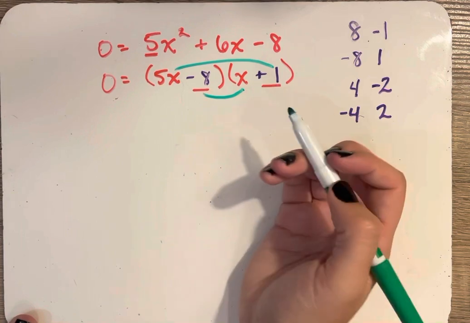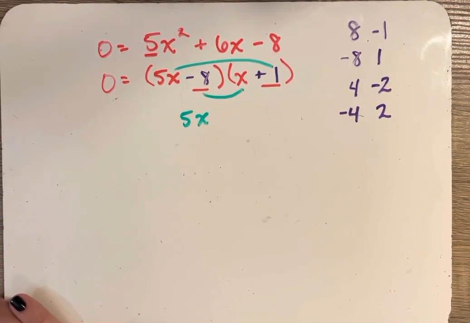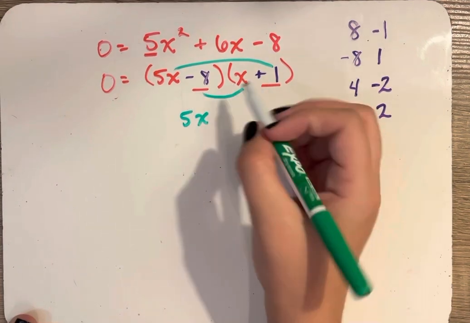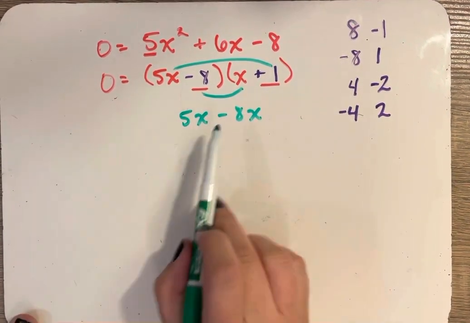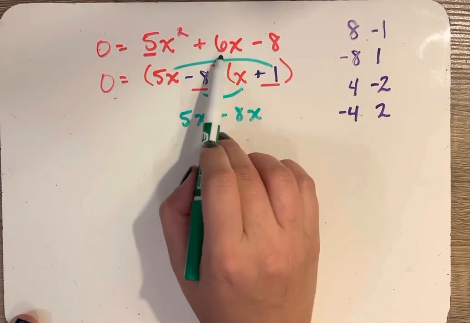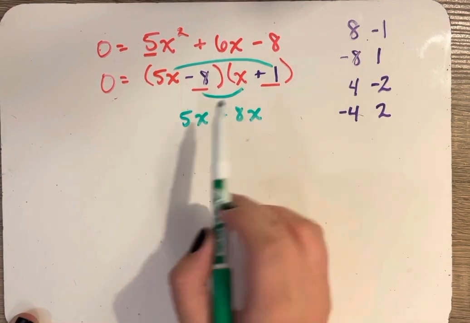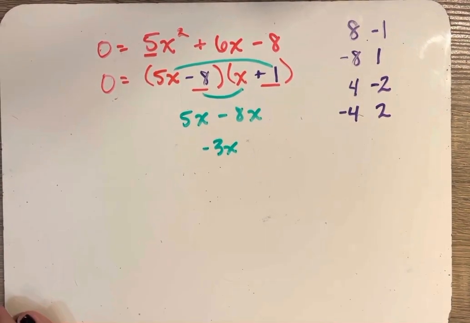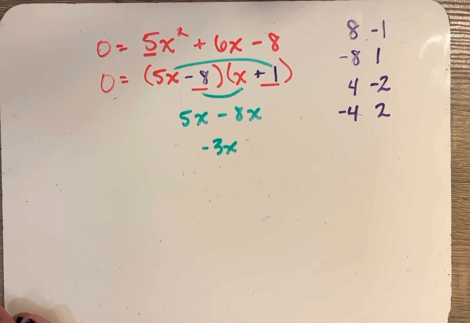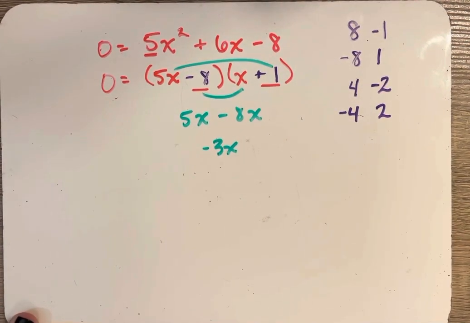So 5x times +1 is going to give me +5x. -8 times x will give me -8x. When I combine those two terms, do I get the middle term of my original trinomial? Well, 5x minus 8x would give me -3x. So that did not work. I did not get the desired middle term here.